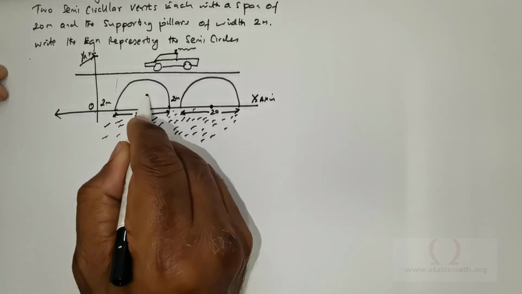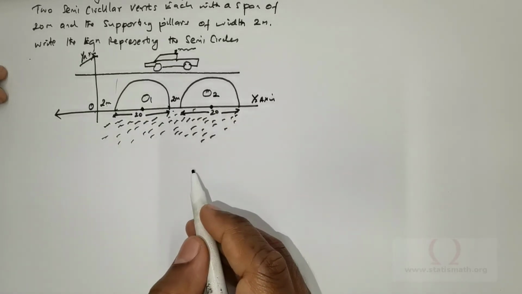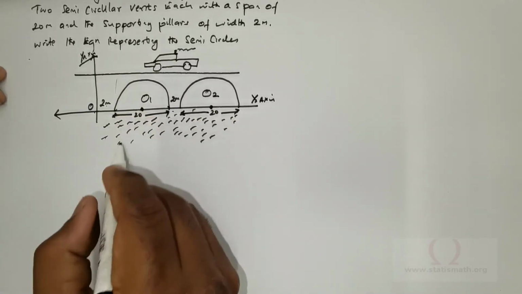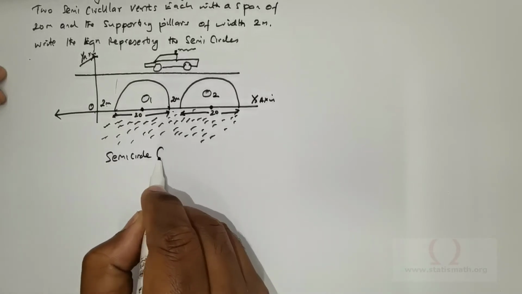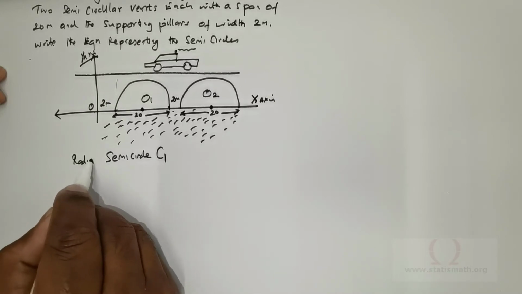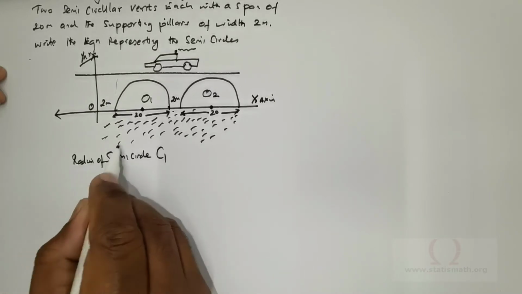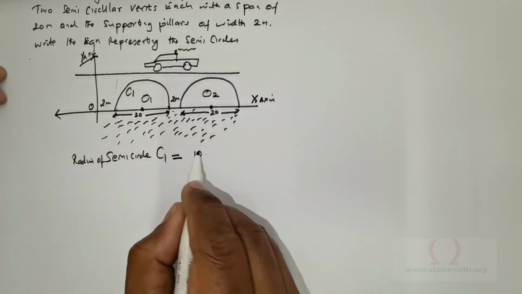Let us consider this point to be O1, and this point to be O2, and this one to be semicircle vent C1. So the radius of this semicircle C1 is 10 units.